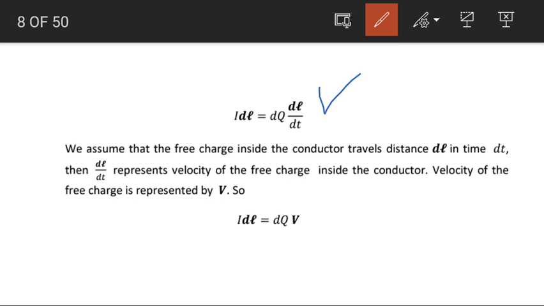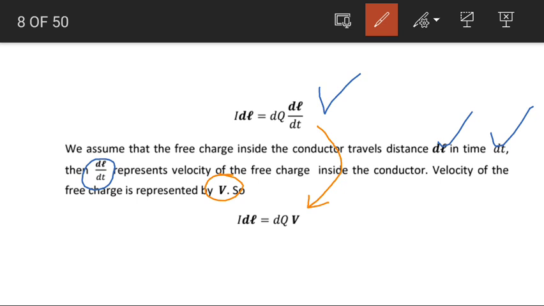So if the free charge inside the conductor travels distance dl in time dt, then dl by dt represents the velocity of the free charge inside the conductor. And the velocity of the free charge inside the conductor is represented by v. So we represent dl by dt in this particular equation by the velocity of the free charge inside the conductor.